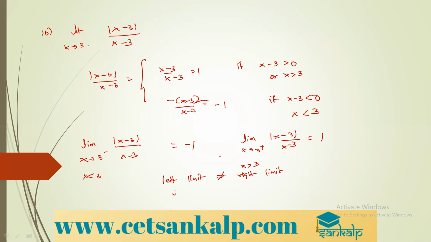So we can say the limit of the function as x approaches 3 does not exist because the left limit is not equal to the right limit.